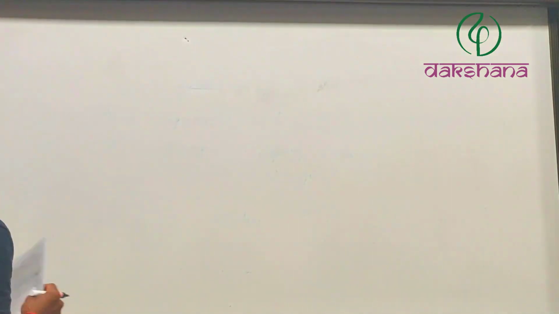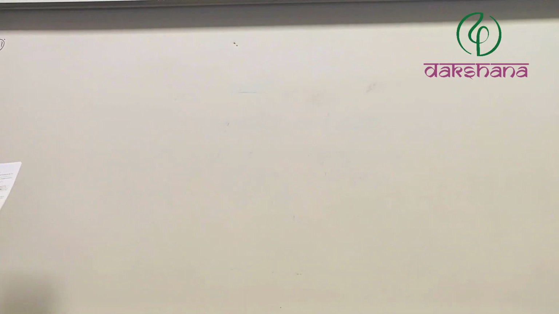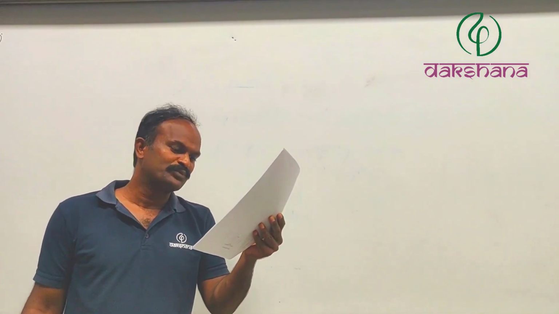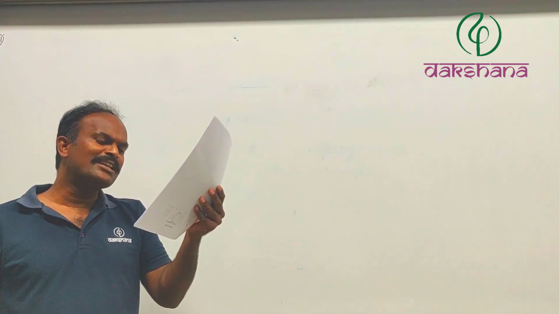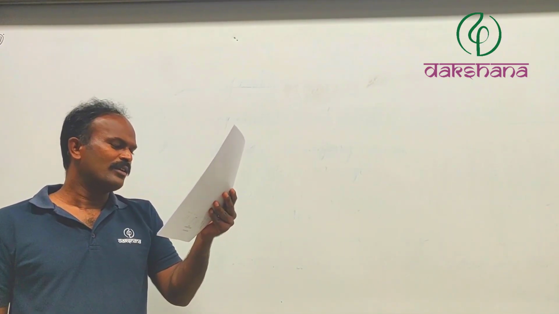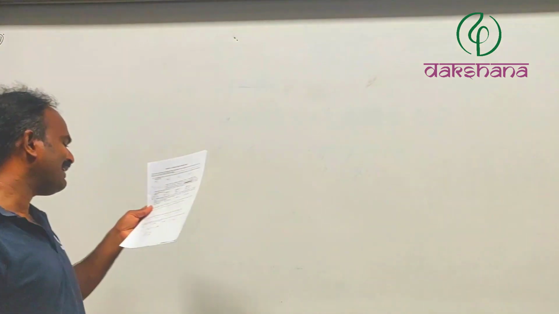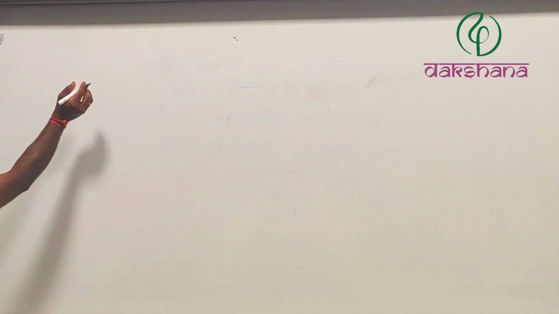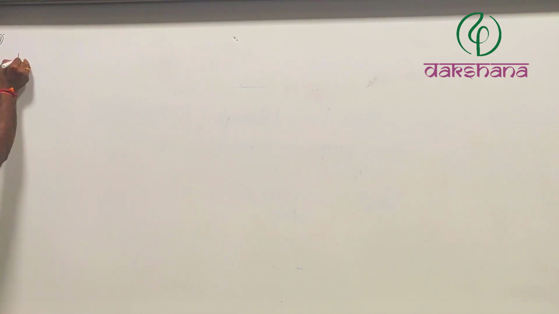Now question number 31. Half-lives of a first order and a zero order reaction are the same. Then the ratio of the initial rates of the first order reaction to the zero order reaction is asked.